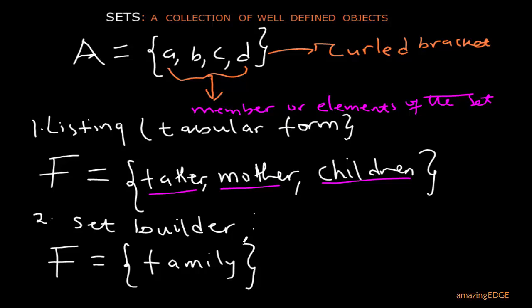The head of the family is there, the father is there, the mother is there, the children are there. But here I'm not giving them out. When I say family, you should know the members that should be in a family. So we are not listing, but we are defining a property, and we call that method a set builder.